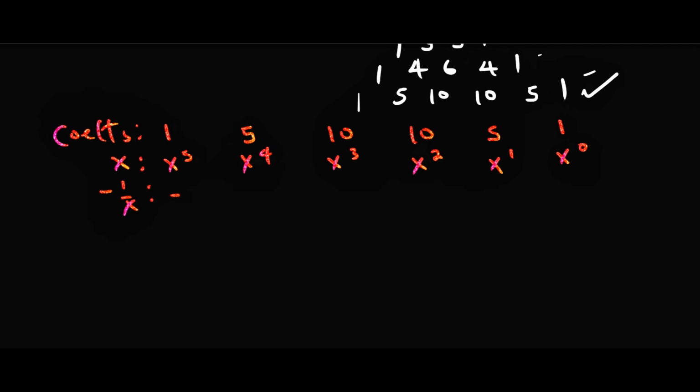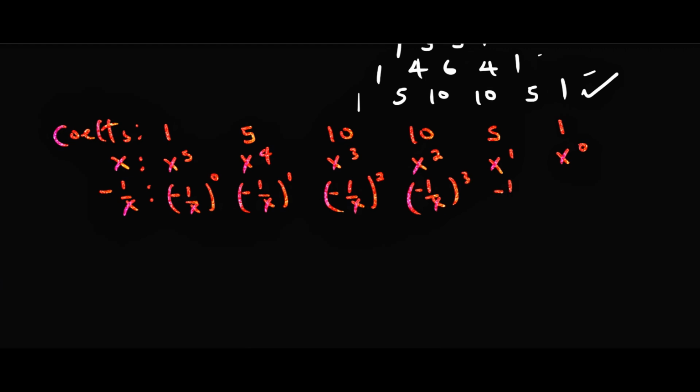So we're going to have (-1/x) raised to the power 0, then (-1/x) raised to the power 1, then (-1/x) raised to the power 2, (-1/x) raised to the power 3, (-1/x) raised to the power 4, and (-1/x) raised to the power 5. So we can simplify this.